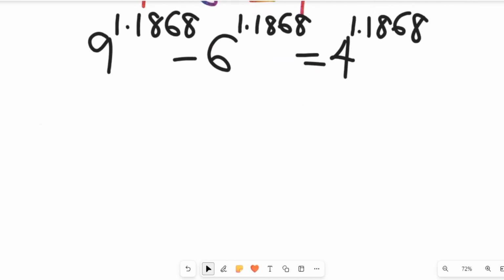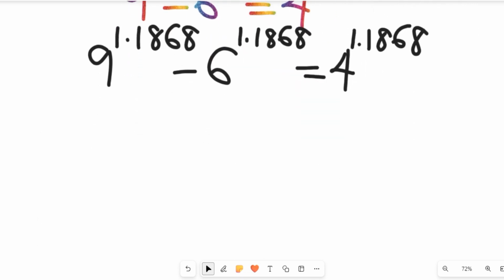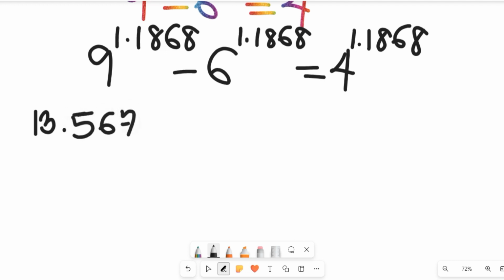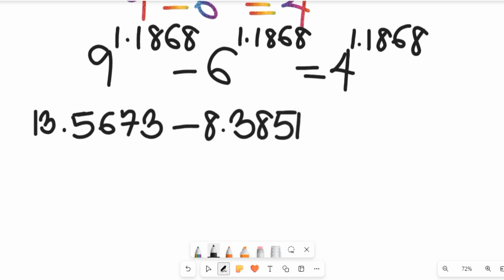If we simplify this pointing our calculator, we're going to have this to be equal to 13.5673 minus 8.3851, and this will be equal to 5.1823.